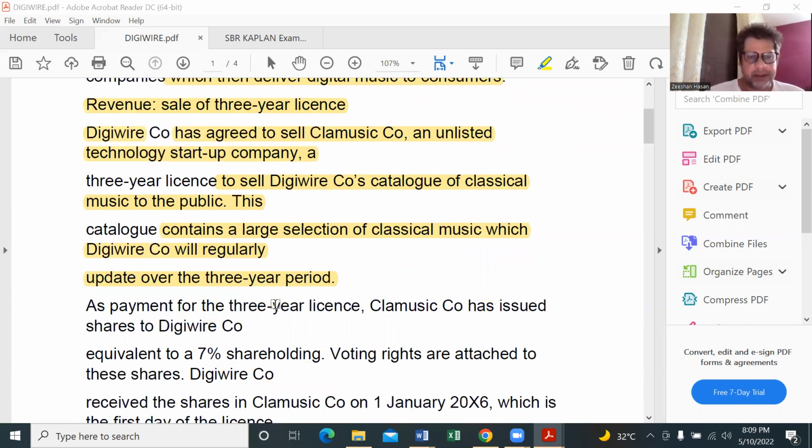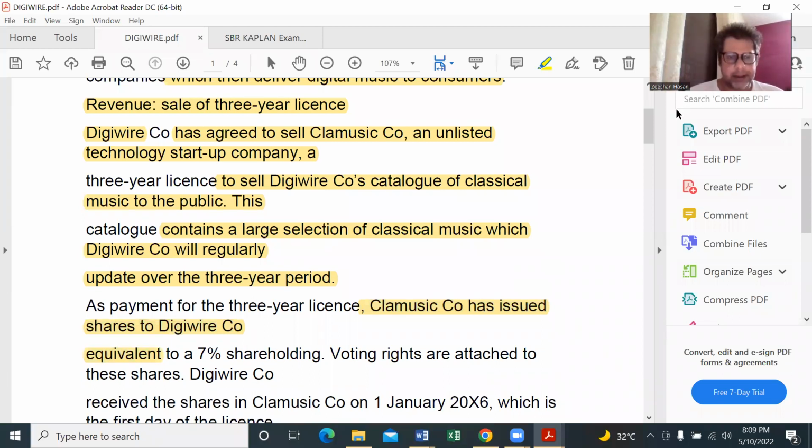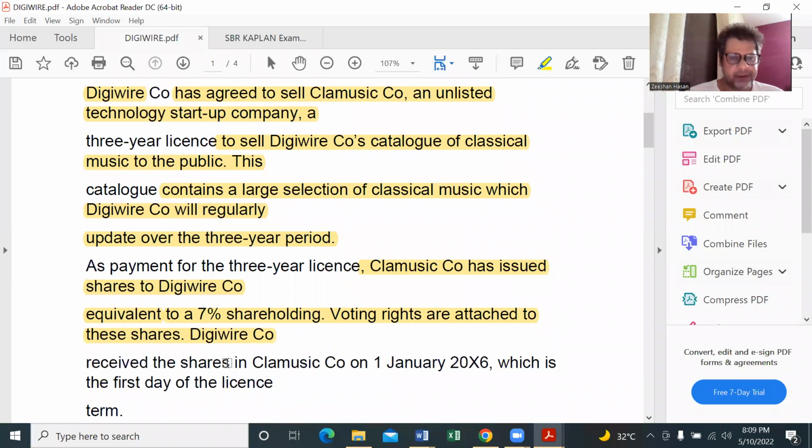As payment for the 3-year license, Clam Music company has issued shares to Digiwire company, equivalent to 7% shareholding. Voting rights are attached to these shares. Digiwire company received the shares in Clam Music Company on 1st January X6, which is the first day of the license term.